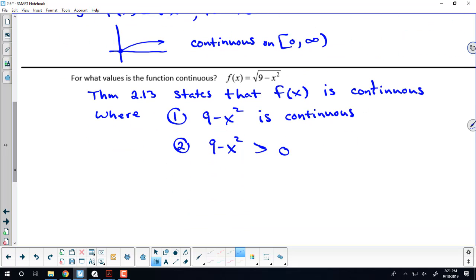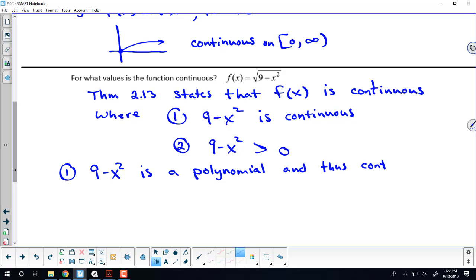So we'll just say that again. 9 minus x squared is a polynomial, and thus continuous on all real numbers. We had a theorem that stated that.